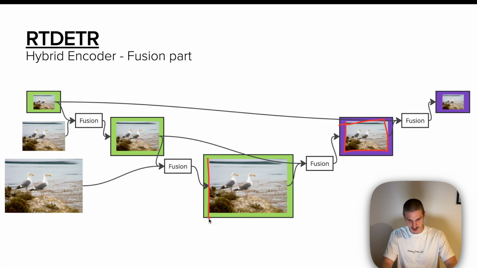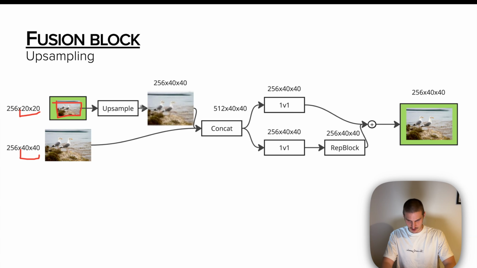So again, we start with an image like 20 by 20 and 40 by 40, and then we merge them together. So how is that done? So first you take this small image, pass it through an upsampling operation, which yields you the bigger image. And this upsample is basically just enlarging the image and doing the bilinear interpolation, exactly as it would happen if you would just enlarge the image on your computer.